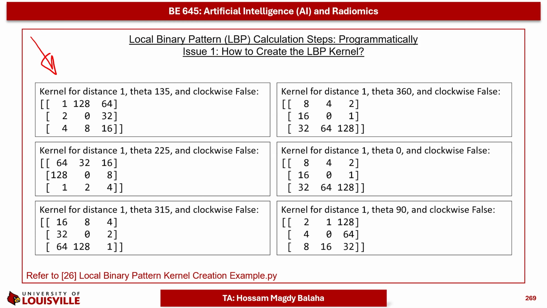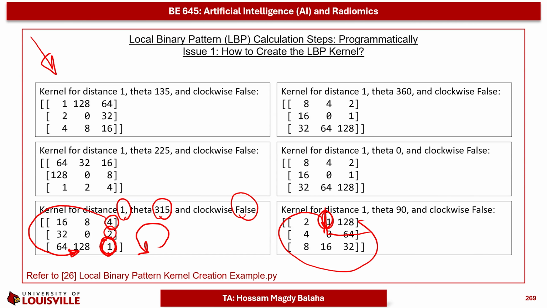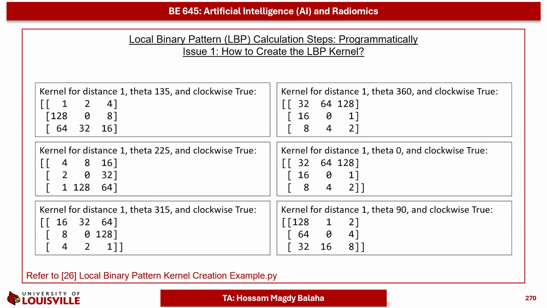For example, for angle 315 with a distance of 1 and clockwise false, you will start from here. Clockwise false means counterclockwise, so you move in that direction: 1, 2, 4, and so on until we reach the last element. Another example, start from angle 90, counterclockwise, like that. And these are other examples when clockwise is true.